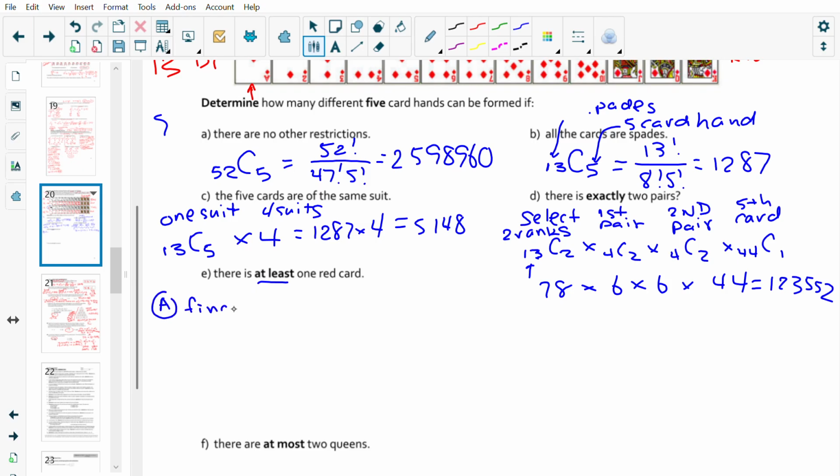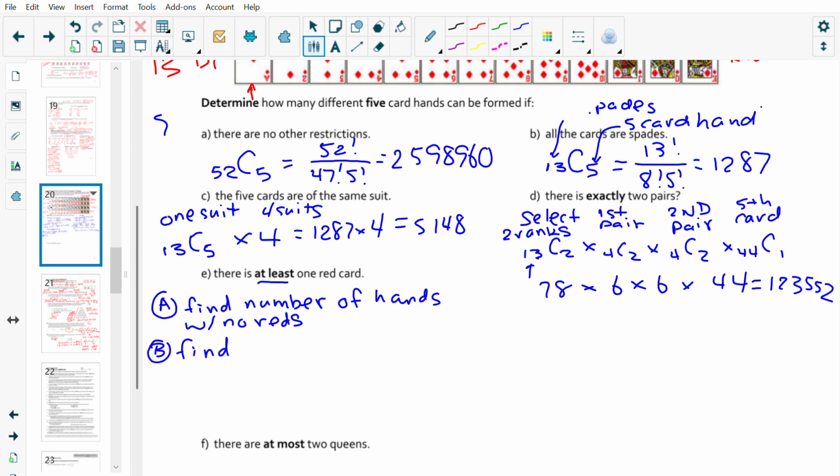Okay. Find the number of hands with no reds.